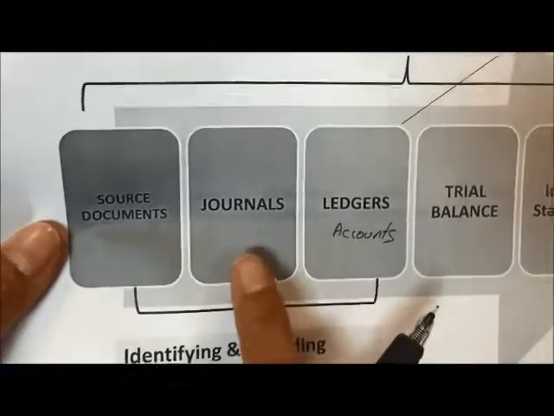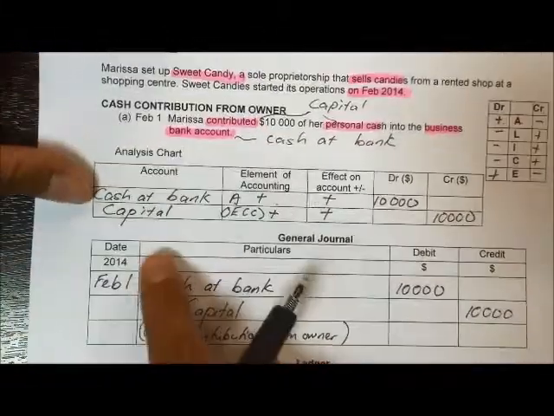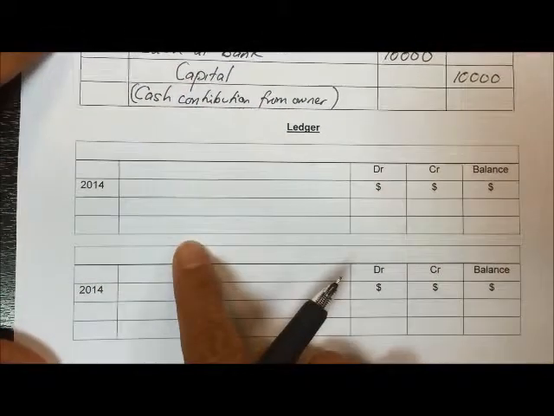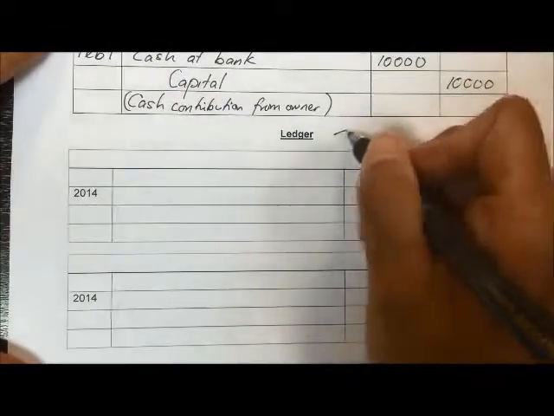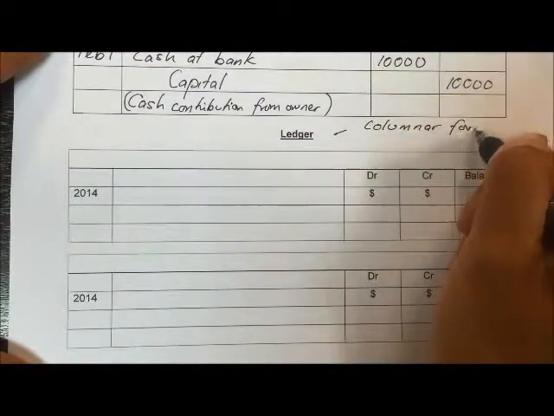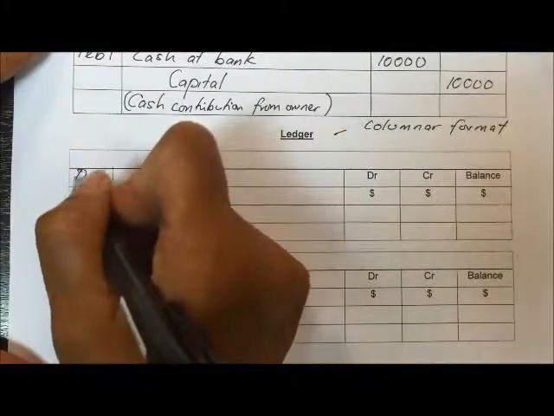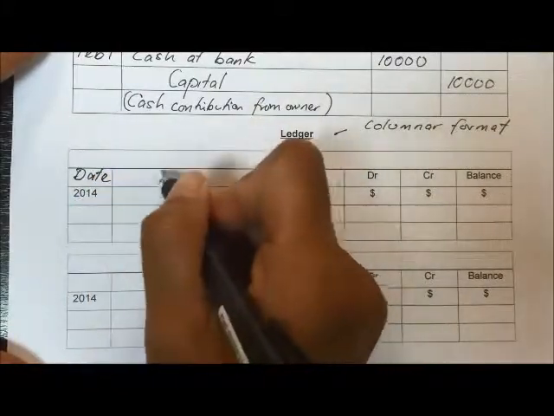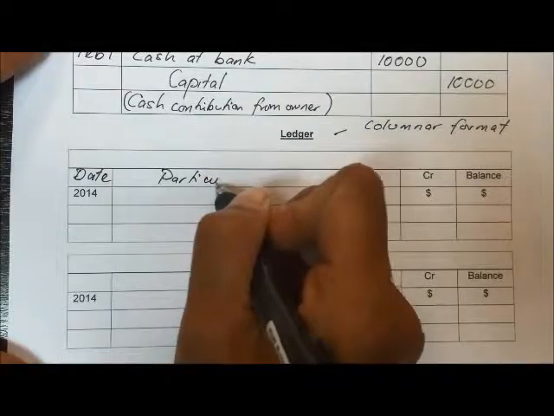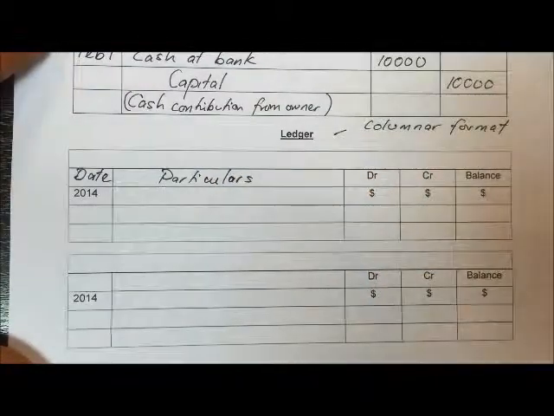Now we are going to post it to the ledgers. So this is the ledger account. As we can see, just now we have two accounts here. This is how a ledger looks. This is the columnar format; they are in columns. You can see this is the date column, this is the particulars column, the debit column, credit column, and you have a balance column.